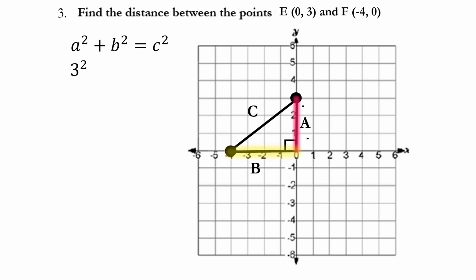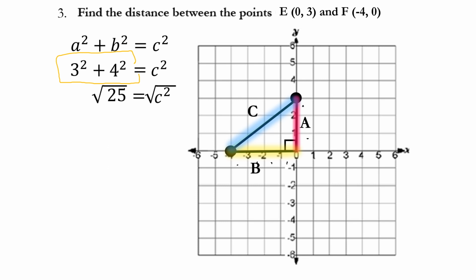And we're going to add that to the side length of B. B is 1, 2, 3, 4. And that will help us to determine our C value. So go ahead and type in 3 squared plus 4 squared and hit equals. You should get 25.